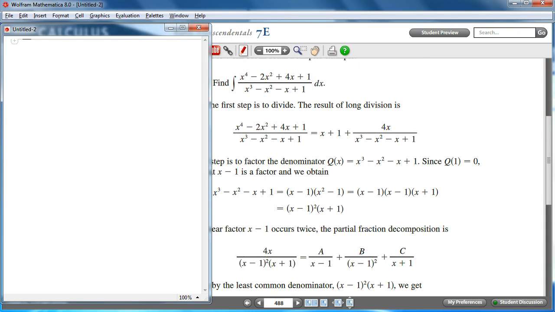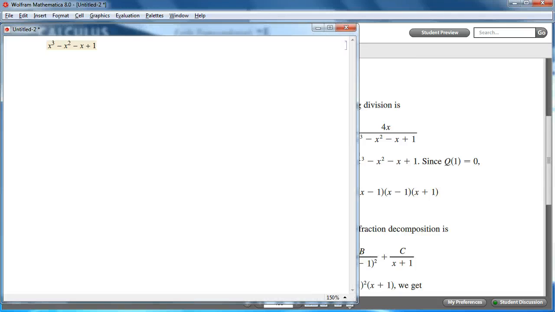So the denominator is x cubed minus x squared minus x plus 1. Okay, I don't need this screen anymore, so let's make it even bigger. And I'm going to group this one and then that one. So what do we have?